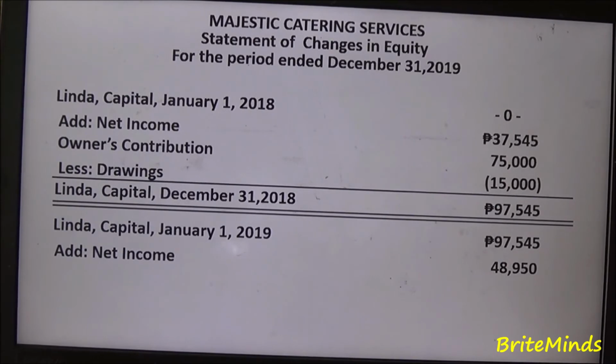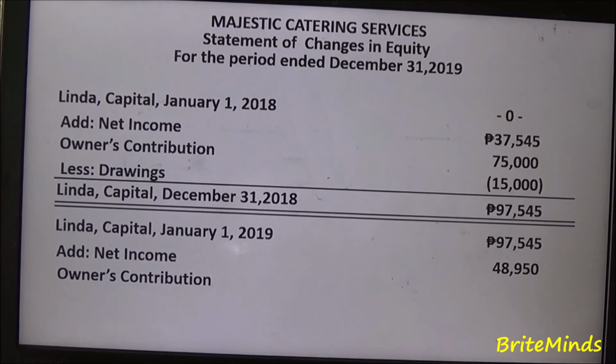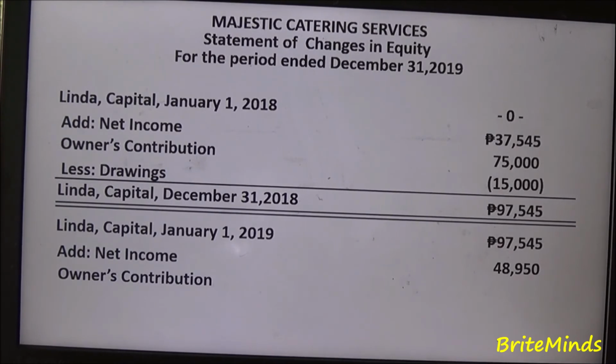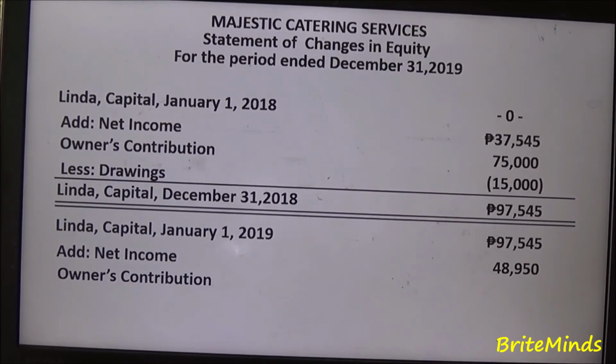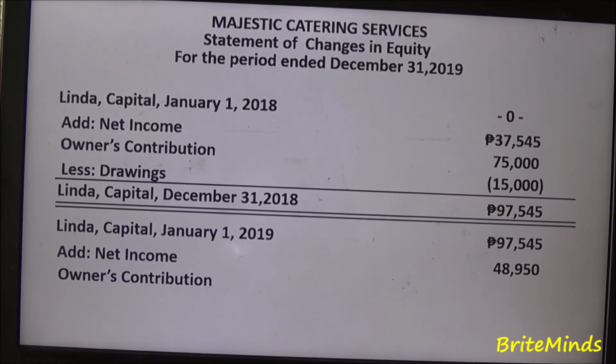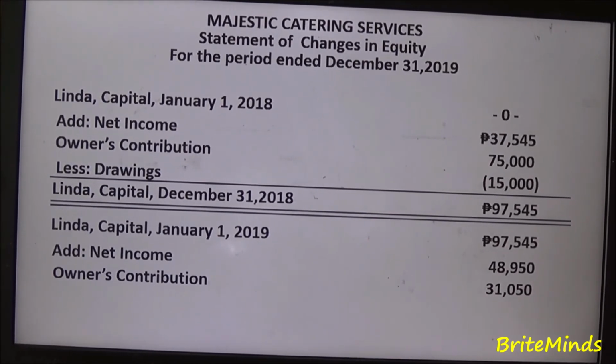And in the year 2019, the owner contributed 13,400 pesos and 17,650 pesos in April and November 2019. So the total of the owner's contribution for the year 2019 is 31,050 pesos.